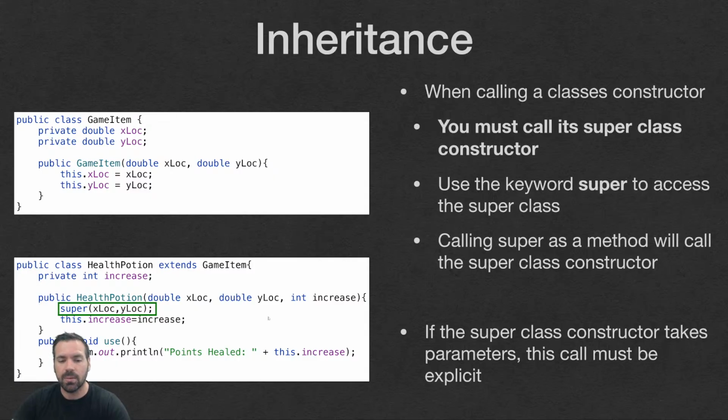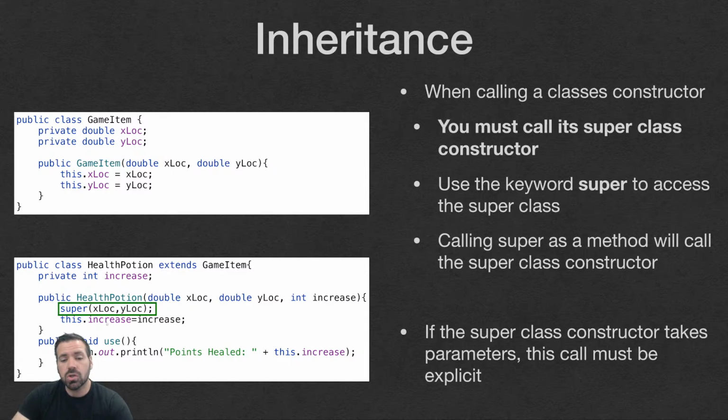And then the HealthPotion constructor makes a second stack frame for the superconstructor call, which always, always, always has to happen, and it's the first thing the child class constructor will do 100% of the time. At least I should qualify, in Java. It might be true in any major language, but definitely in Java, the superconstructor is always called.